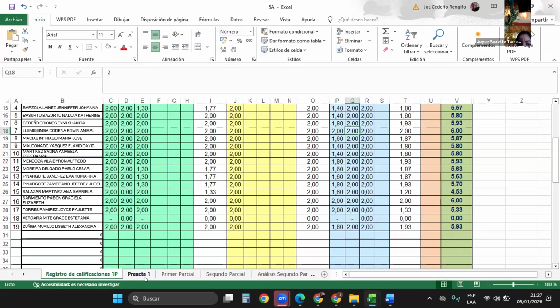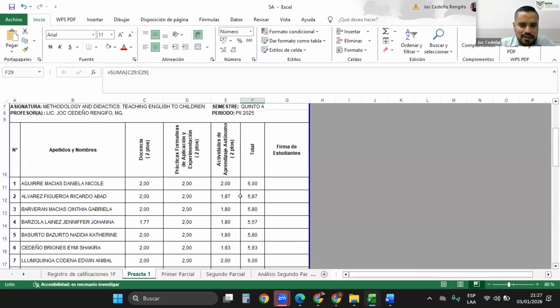Okay. Now, can I have Pablo? Could you please read the pre-acta one more time to check the changes? Yes, teacher. Only surname? Okay. Only last name, and Joyce, your microphone. Aguirre Daniela, 6. Álvarez Figueroa, 587. Barberán Macías, 580. Barzola Lainés, 557. Basurto, 580.